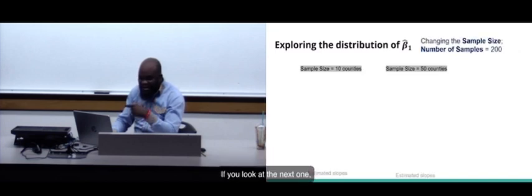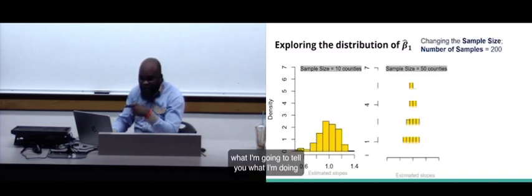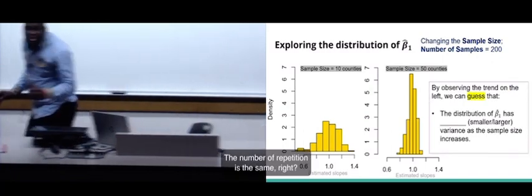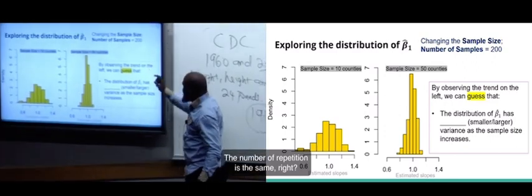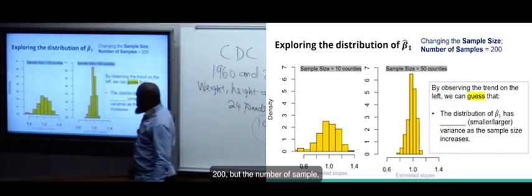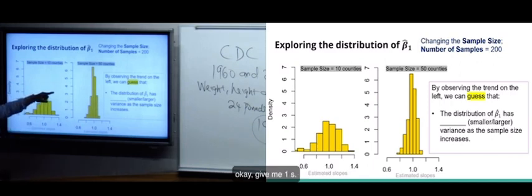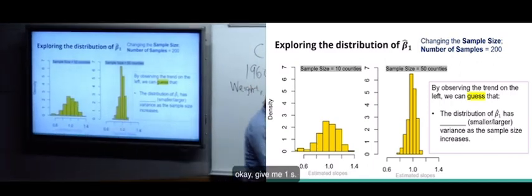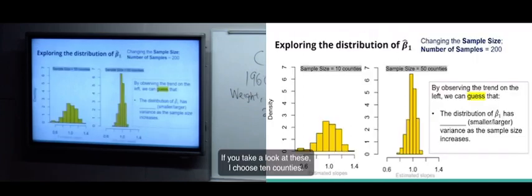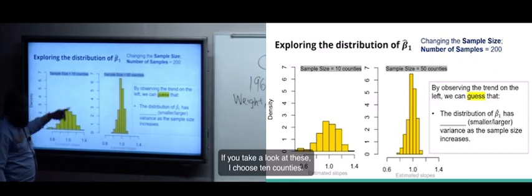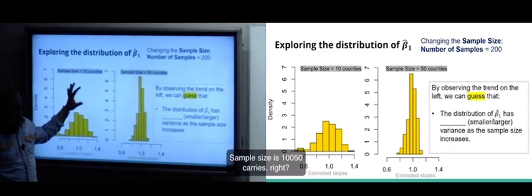If you look at the next one, I'm going to show you what I'm doing here. The number of repetitions is the same, 200. But the number of samples, give me 1 second, I think there's something I'm missing. If you take a look at this, I chose 10 counties, so the sample size here is 10.